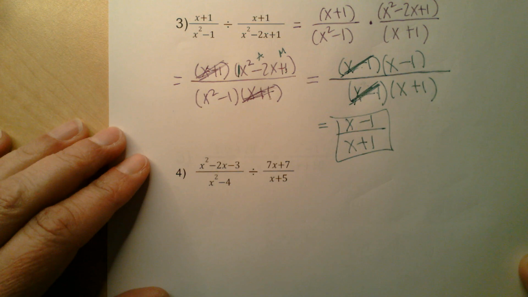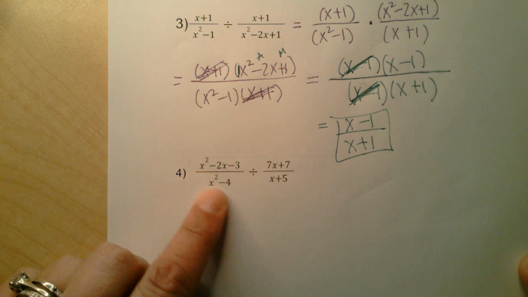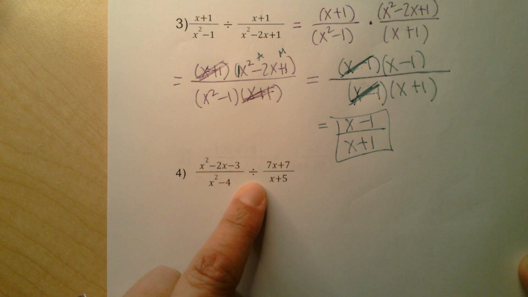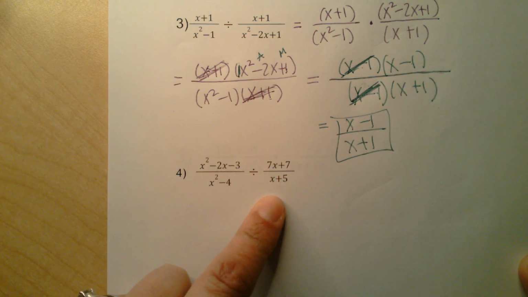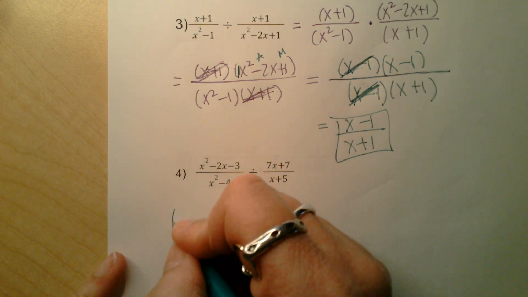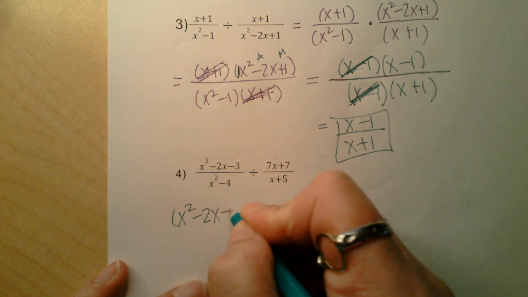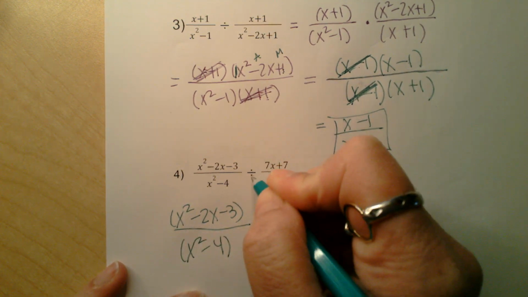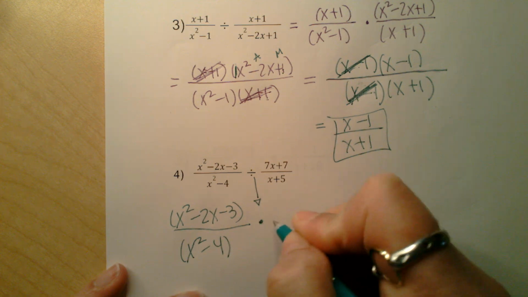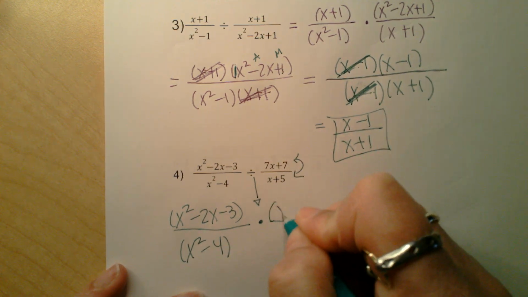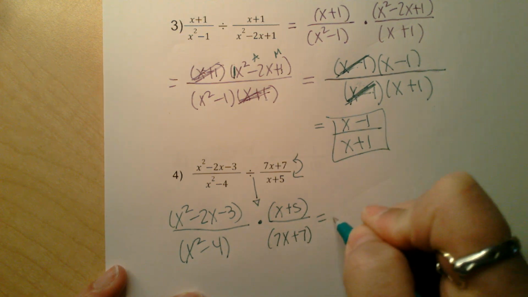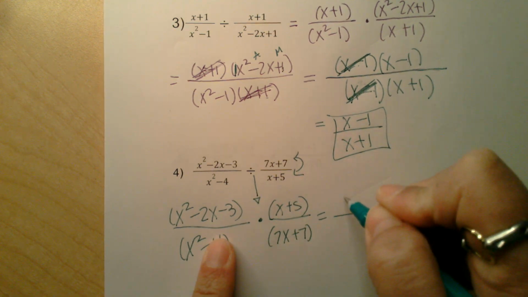And our last one for the day, x squared minus 2x minus 3 divided by x squared minus 4 divided by 7x plus 7 divided by x plus 5. So we have x squared minus 2x minus 3, and then x squared minus 4 multiplied by x plus 5 over 7x plus 7, one fraction bar.